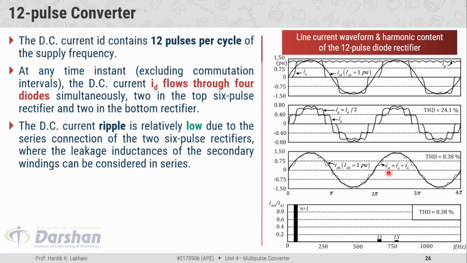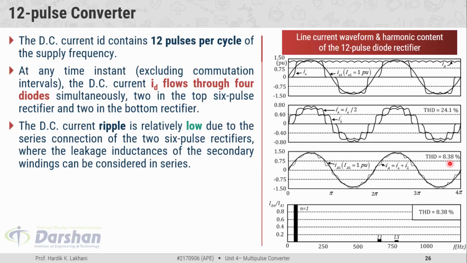On the secondary side, you can see that the total harmonic distortion of the line current is approximately 24.1%. But because of this multipulse converter concept, on the primary side, where the 3-phase AC supply is connected, the line current IA has a total harmonic distortion of only 8.38%.